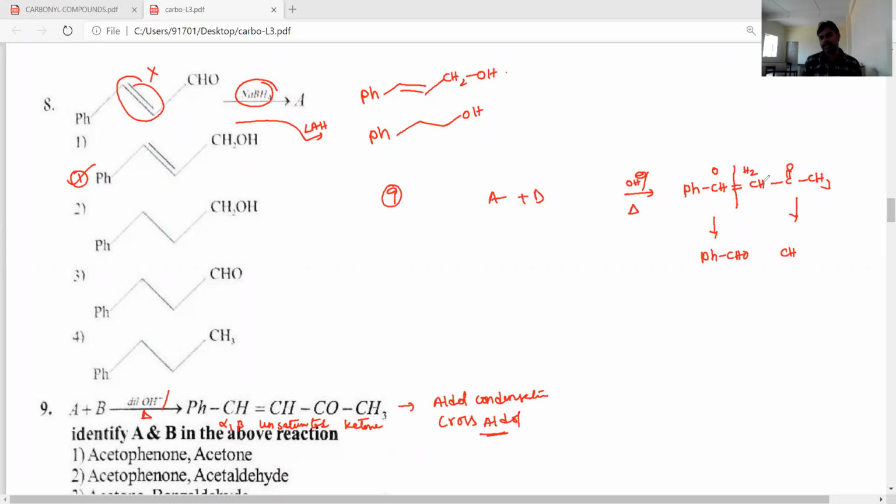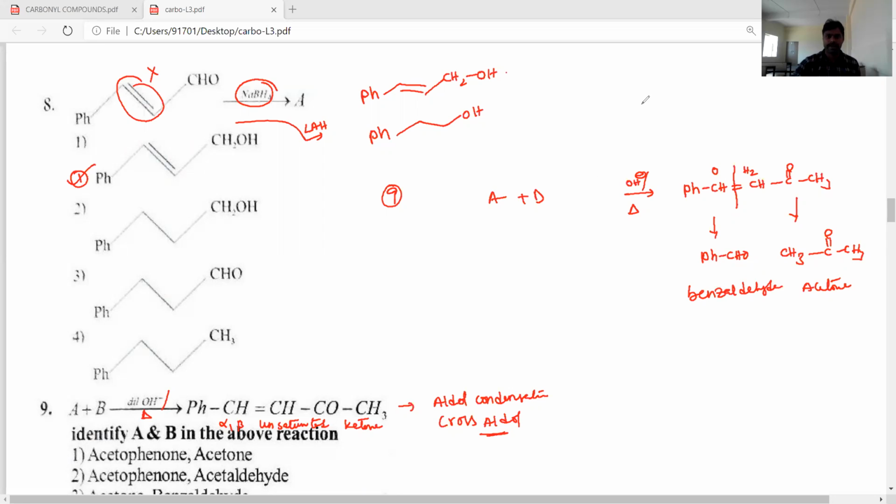That's why that CH and two hydrogens become CH3 C double bond O CH3, which is nothing but acetone. This is benzaldehyde. So A and B are benzaldehyde and acetone.